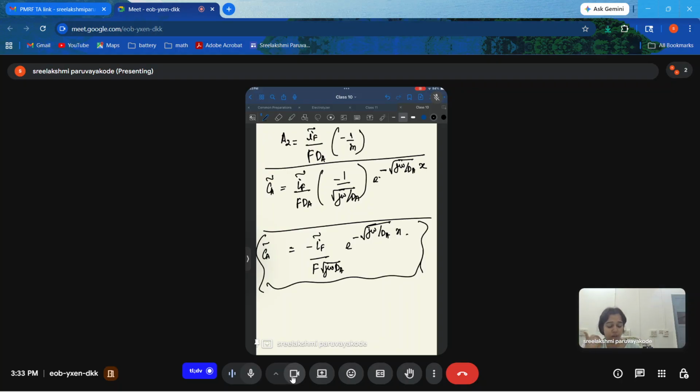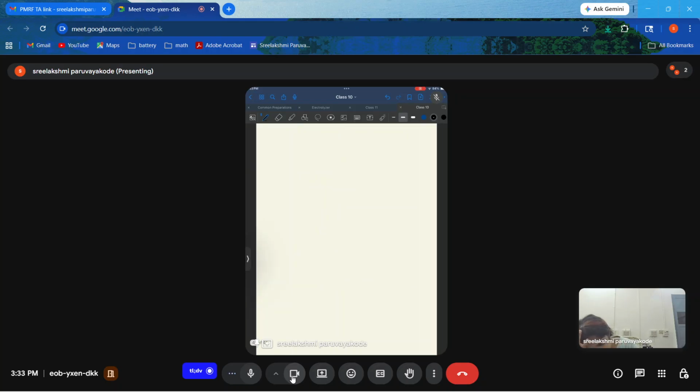Now let's find out what we have to find. One is ΔCA, which is CA dash e to the power jωt. ΔCA at x equal to 0, you will have ΔCA at x equal to 0 e to the power jωt. Now let me substitute back what I got.